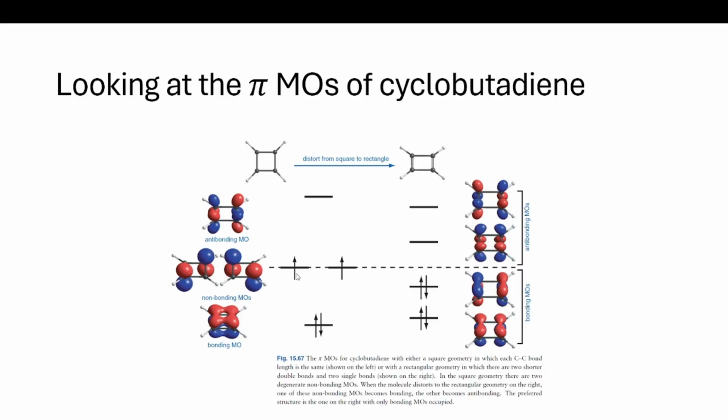So we're going to have these electrons not in a pair. If you distort cyclobutadiene into a rectangle, that energy is going to be lowered and we get these electrons in pairs, meaning that we get extra stability.